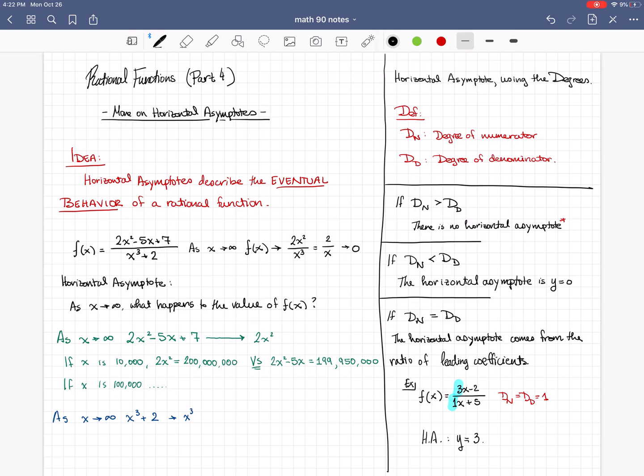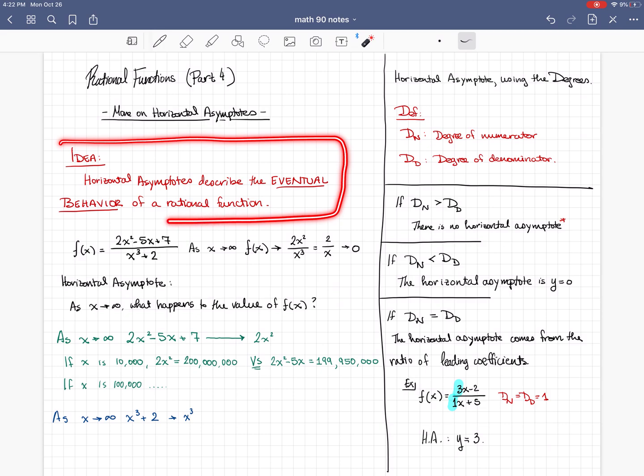Okay? Now, I'm not going to talk about this in this lesson, but I do want to touch on one last piece before we stop. Remember, the horizontal asymptote is the eventual behavior of a rational function. So we start to see the appearance of the horizontal asymptote for larger values of x. Sometimes you see it very quickly, even for values like 5 or 10, you're already beginning to see that the function's going to stabilize down to it.